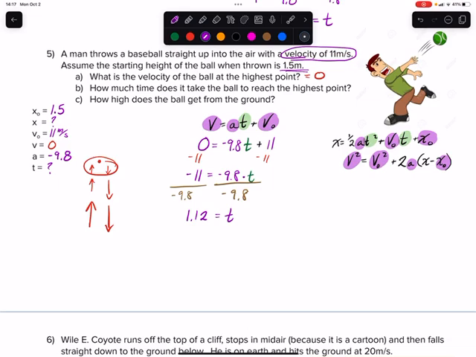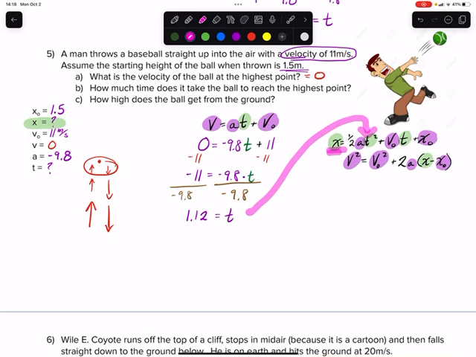Cool. Then it says, how high does the ball get from the ground? So now we're looking for distance. So we're looking for this. So to find this distance, we need the ending height. So that means now we need to have this or that. Now I could use either equation because I have time now, and I could plug in time into that equation and then be able to solve for my height.